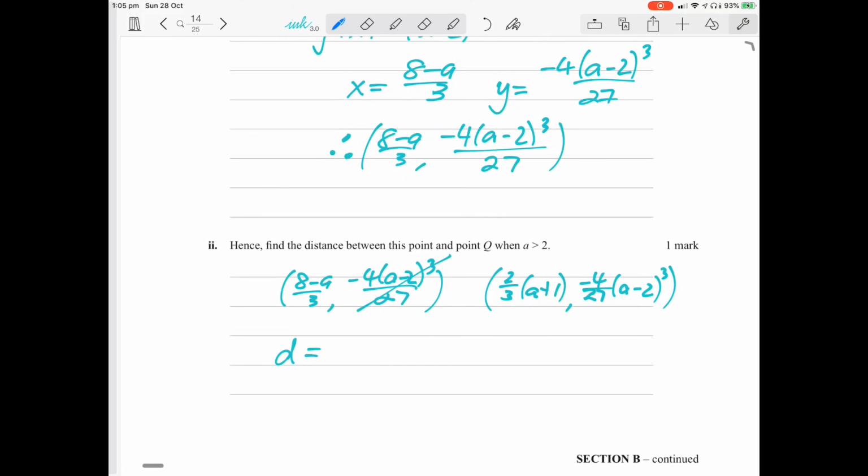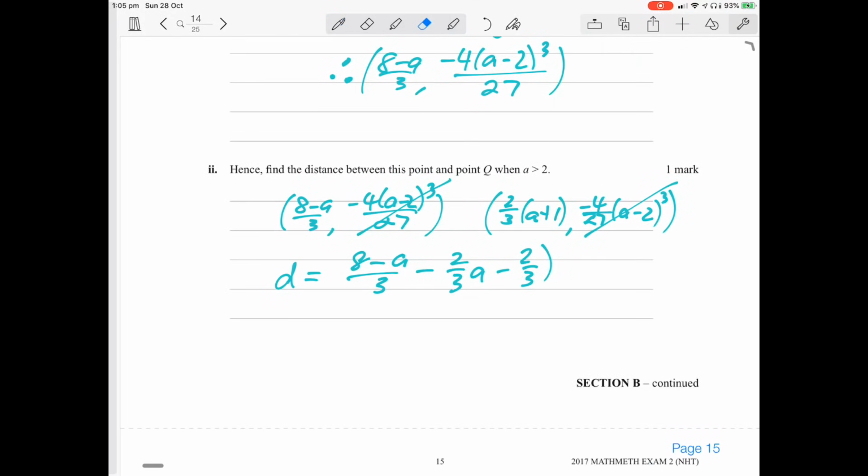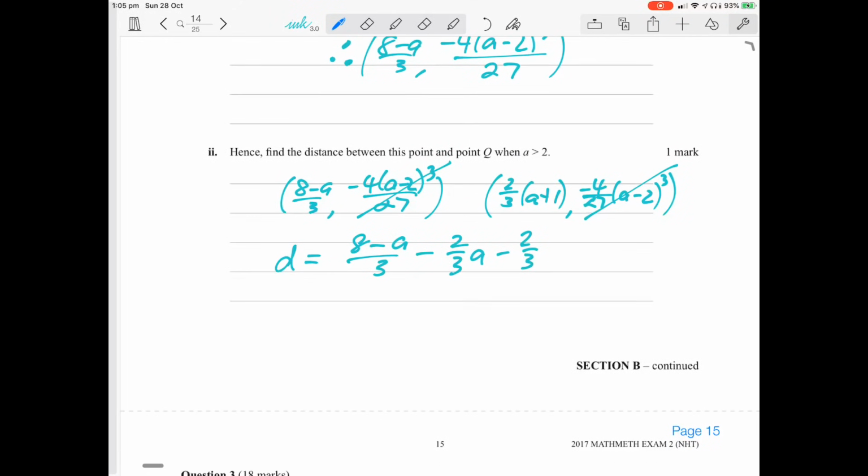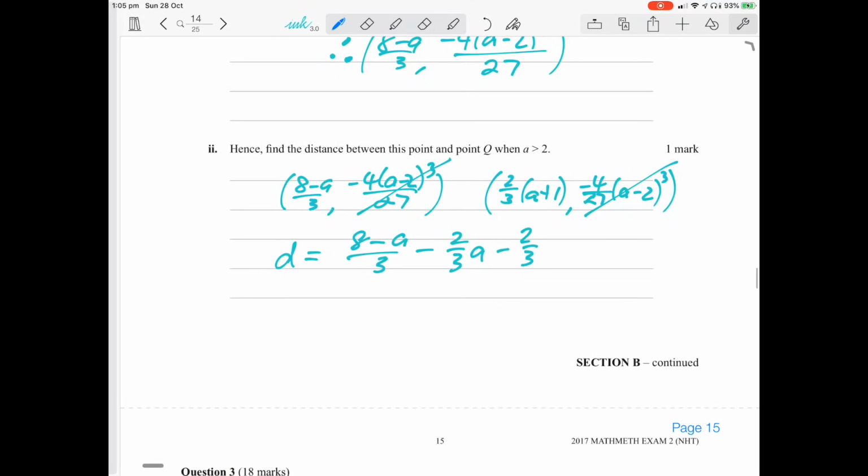Oh, I just realized that and that are the same. So the y values are going to be the same, so the distance is just between the x values. So it's 8 minus a on 3 minus 2/3 a minus 2/3, and then the length of that. So the magnitude of that.